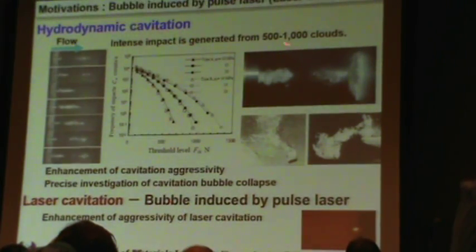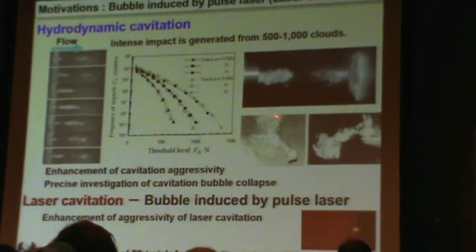And another problem, in my opinion, this sort of cavitation consists of small, tiny bubbles. This sort of very strange cavitation is more intense compared with a spherical bubble.